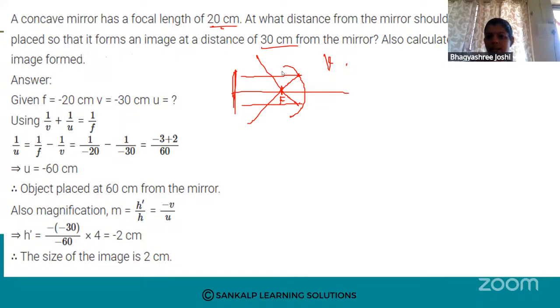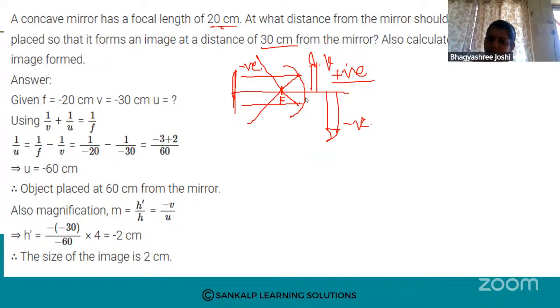That means the image is formed on the same side as the object, right? So here this is positive, if the image is formed on the right side, this is positive and that is negative. If the image is upward then it is positive and if the image is downward then it is negative. Downward is negative, upward is positive, right hand side is positive and left hand side is negative.